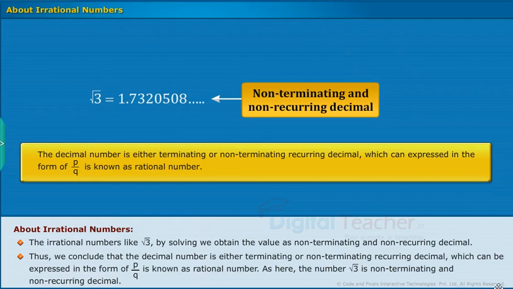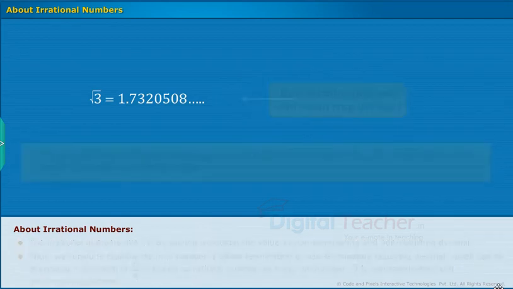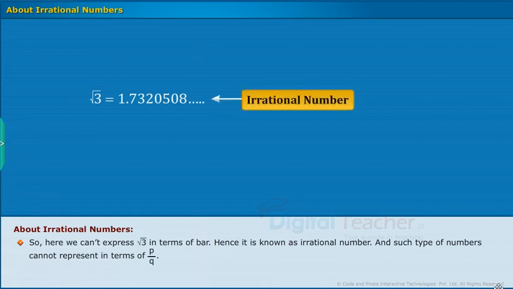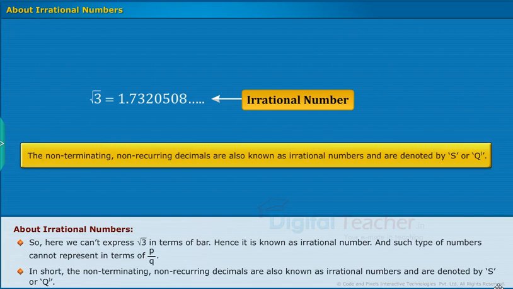As here, the number root 3 is a non-terminating and non-recurring decimal, we can't express root 3 in terms of bar. Hence it is known as an irrational number, and such numbers cannot be represented in terms of p by q. In short, non-terminating, non-recurring decimals are also known as irrational numbers and are denoted by S or Q dash.